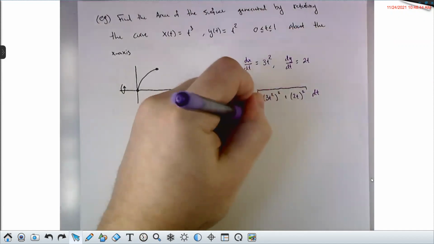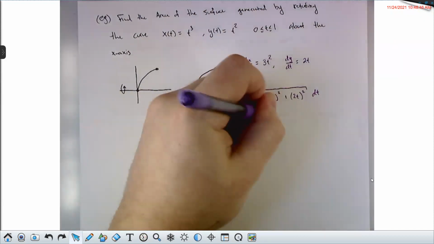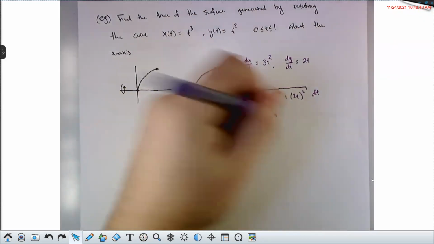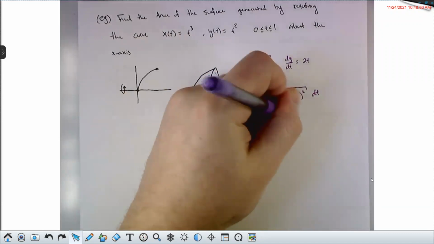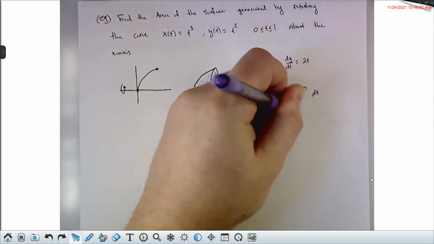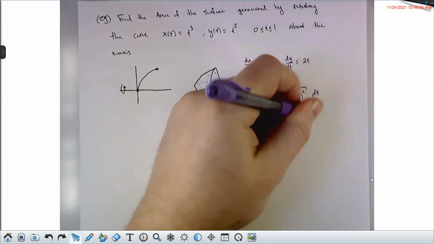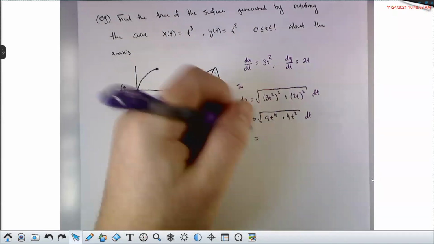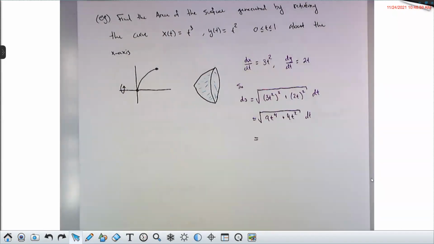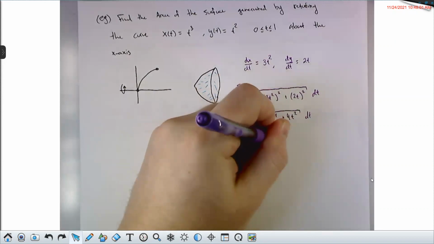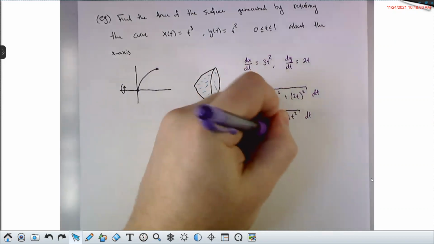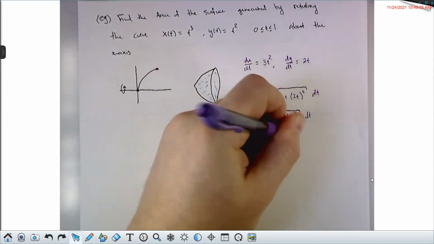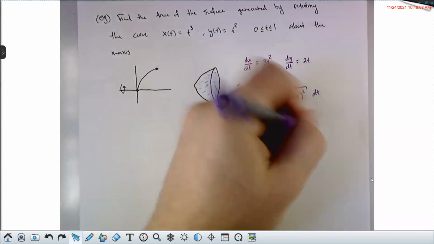And I can try to clean this up a little bit. So what we get is 9t to the 4 plus 4t squared. We can factor a t squared. It'll come all the way out of the square root as a t. And what's left is 9t squared plus 4.